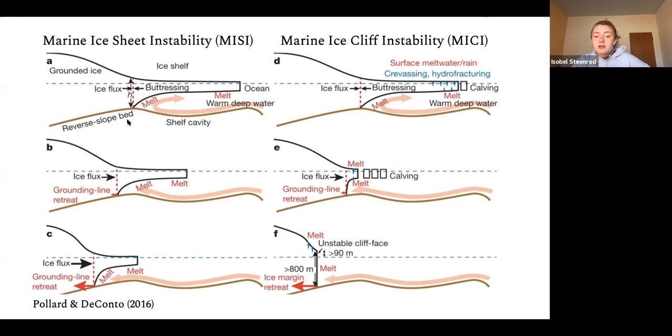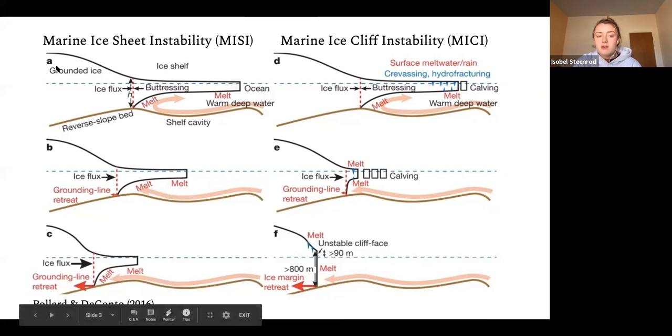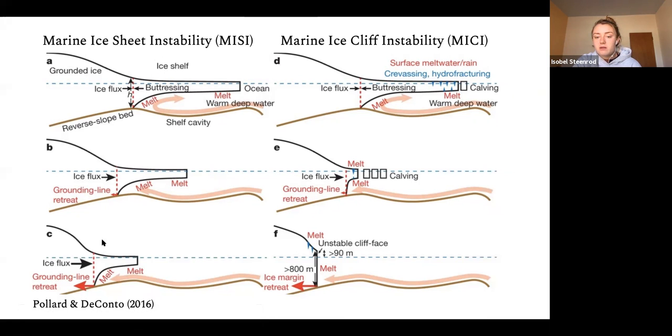But even just a little bit of uplift, we're not talking huge amounts, as the ice sheet stops pressing down on the continent, it'll raise a little bit and be able to stop, or at least slow, the migration of the grounding line backwards. It's a factor that halts the feedback cycle of ice sheet instability.